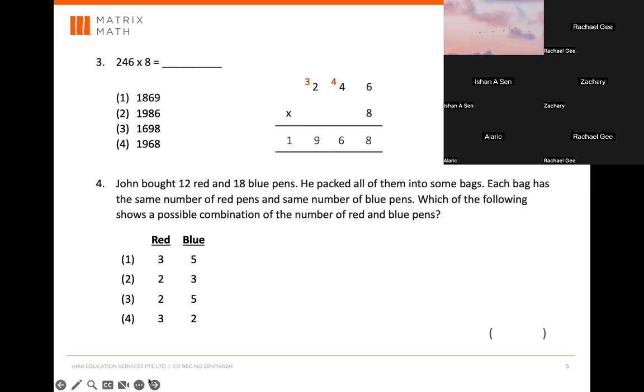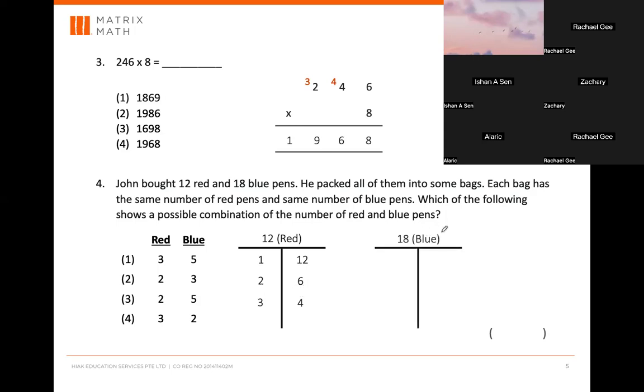Okay, so what we do here is that for red you have 12. Okay, so I'm finding the factors of 12. Okay, so list down. Remember, you do factors and multiples in P4 at the beginning of your year. So you have 2 times 6, 3 times 4. And then for 18, you have 1 times 18, 2 times 9, 3 times 6. Okay, so in this case, here you go.